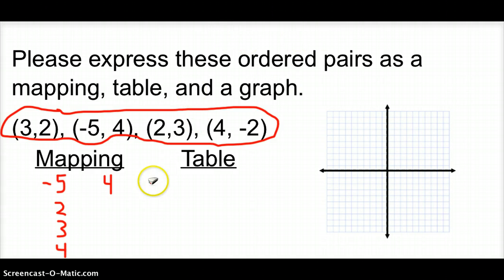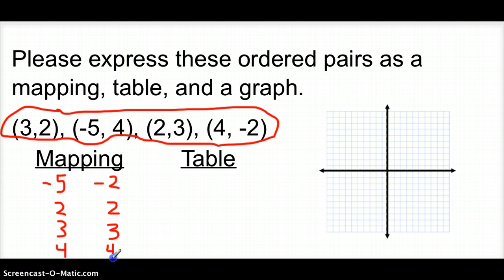There's a lot of ways you can do this. I'll keep consistent and list the lowest domain and lowest range values first, going from lowest to highest as well. So here we would have -2, and after that a 2, then a 3, and then a 4.